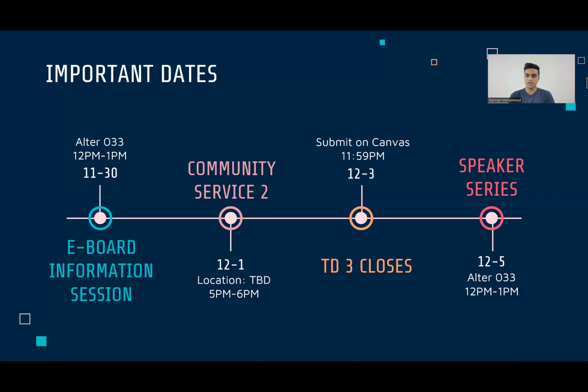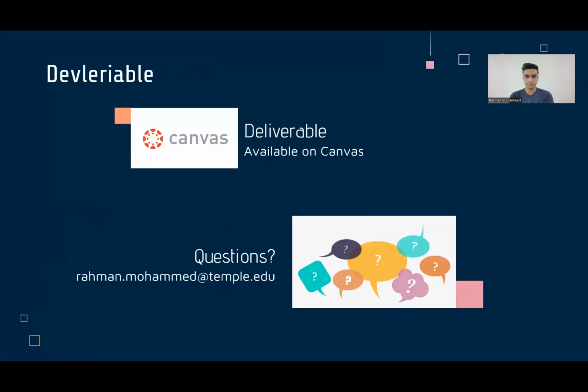So he'll have a lot to speak on and how he continues education, because he did start as a business intelligence analyst. But he did have a software engineering background. But I think this is a really good speaker to attend. So just know that that'll be the Monday, December 5th from 12 to 1 p.m. in Alter 33.